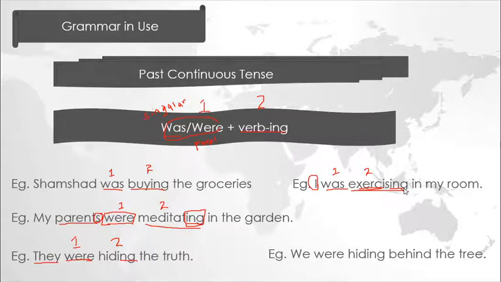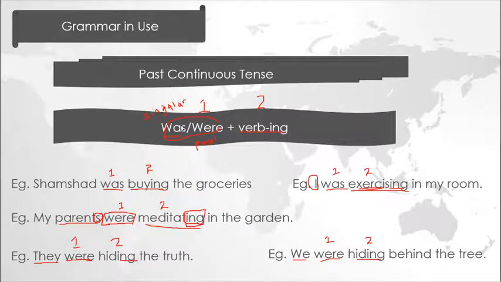The last one is we were hiding behind the tree. As you know, were is plural. We use it for more than one person. If I have to refer to myself, I say I. If I have to refer to us, we say we were hiding behind the tree. So this is the first component as plural. This is the second component as verb with ing.